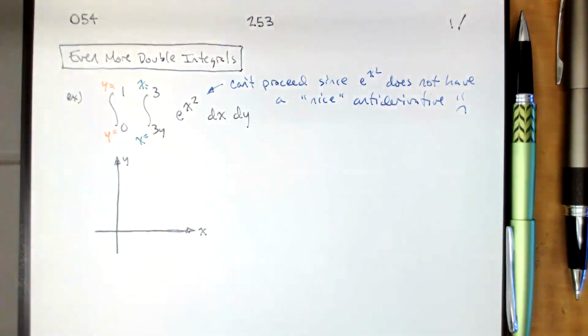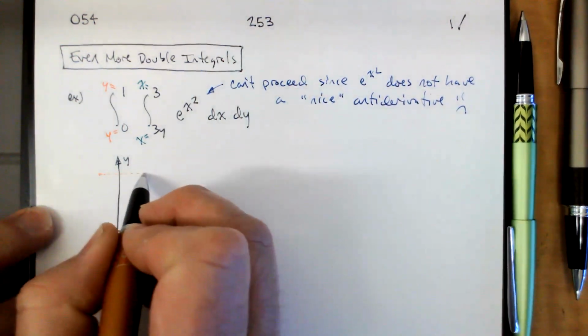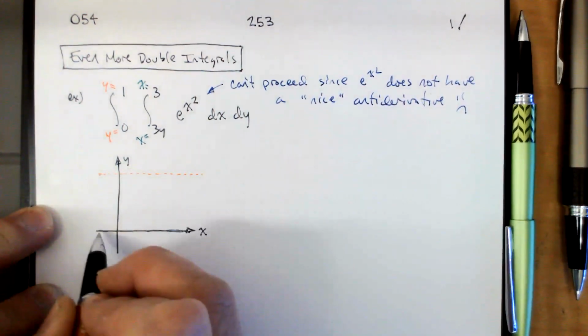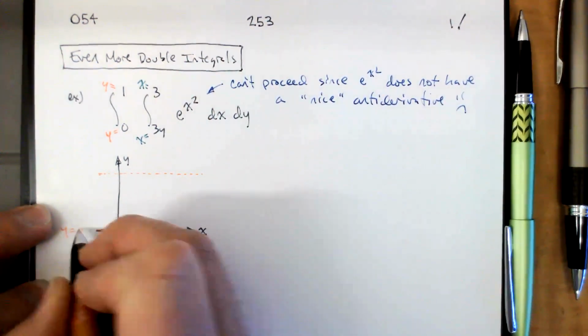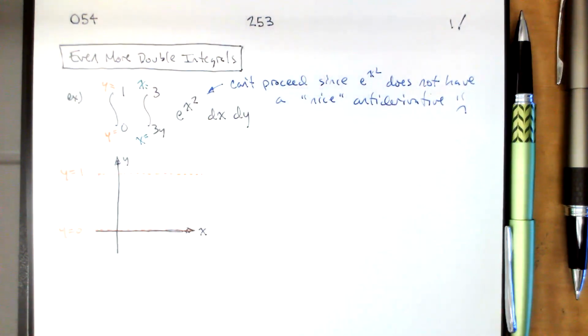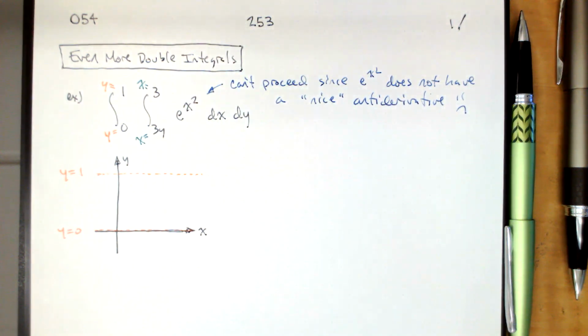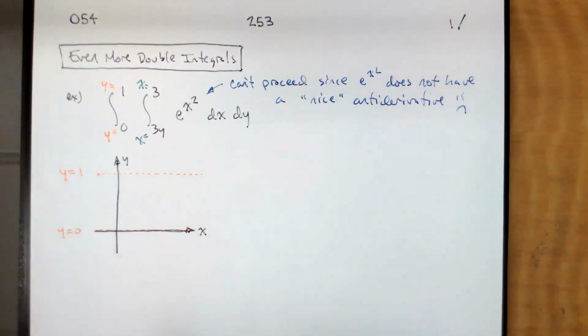So that defines the top and the bottom of the box. The x is going to go from 3y, which looks like a line, to 3. So I got the left and right of my region as well.